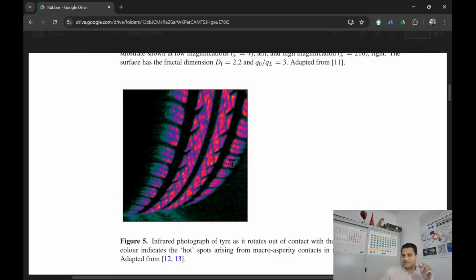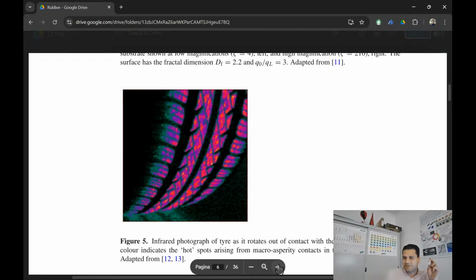And the problem is that not all the contact zone is red, which means that the rubber is not totally in contact, but also we have very local points in which the temperature is the highest. You can see it by small yellow points.